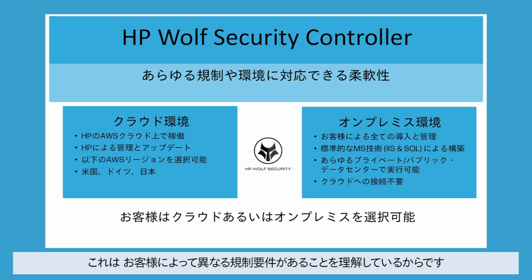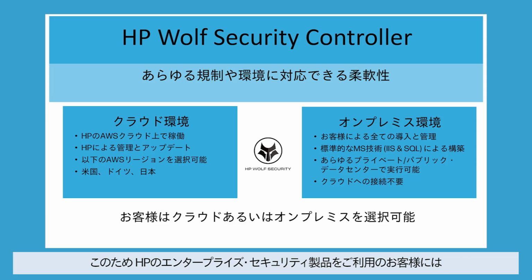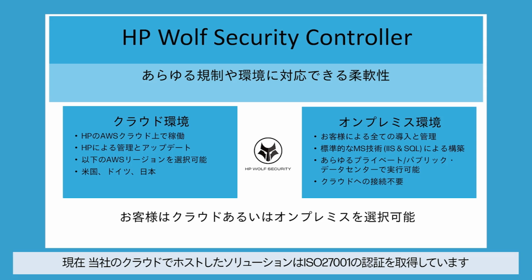We do this because we understand that customers have different regulatory requirements. For example, a lot of government customers aren't allowed to use certain types of cloud services. So for this reason, we give all of our customers who run our enterprise security products the choice of either using a cloud controller hosted and managed by HP or using an on-premise controller. Now, our cloud-hosted solution is ISO 27001 certified.